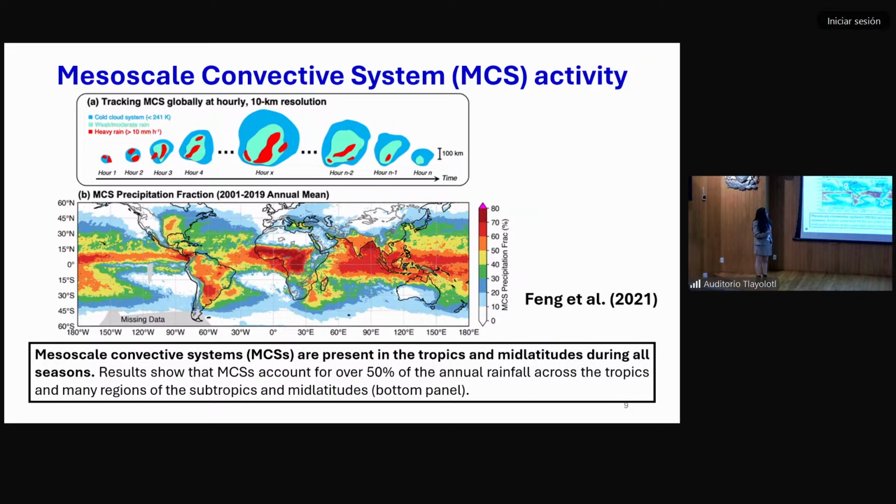They can also vary in size and intensity through time. They usually last around 12 hours, or up to 1 day. We have had here in Mexico mesoscale convective systems that can last 24 hours, but that are very intense, of course. And look at this region. Also, mesoscale convective systems are important for northwestern Mexico.